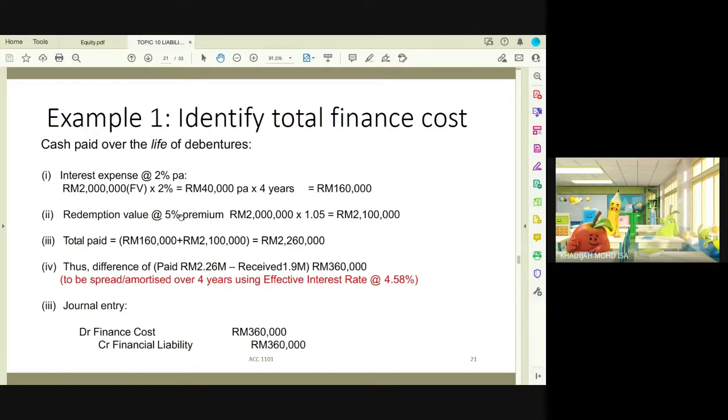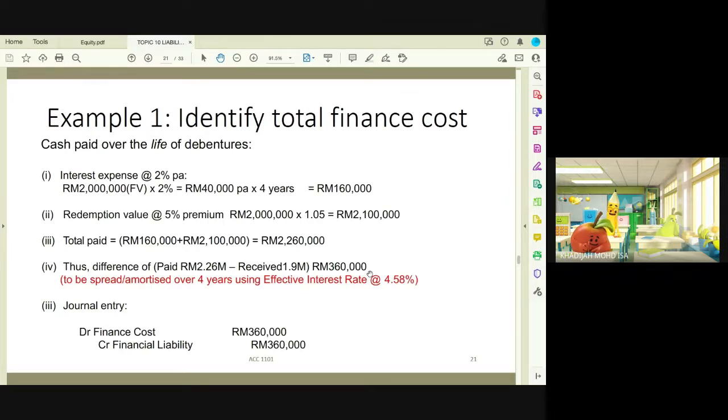So when you redeem later, you have to pay out 2.1 million. Total paid means your total interest plus your redemption value, which will be 2.26 million. So the difference, 2.26 minus how much you received, 1.9 million, is 360,000.